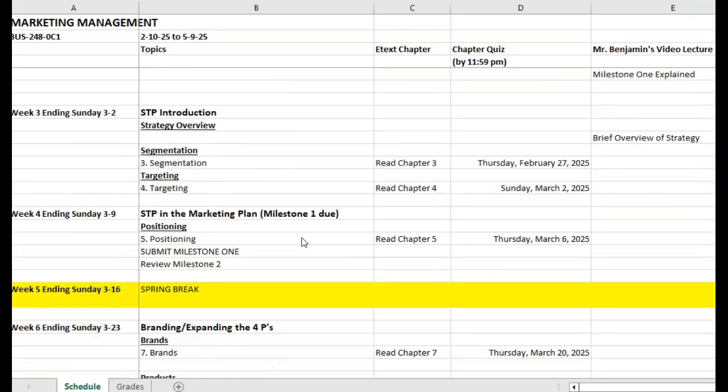This week we're going to start in on the foundation, or the cornerstone, of marketing plans, and that is segmentation. This is part of the marketing framework, along with targeting and positioning, which we're going to cover over the next 2 weeks.